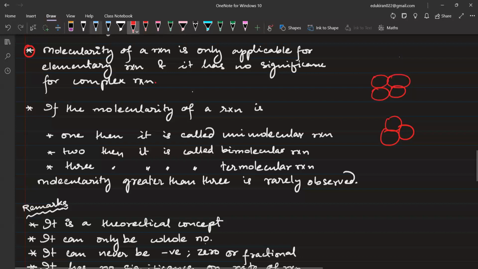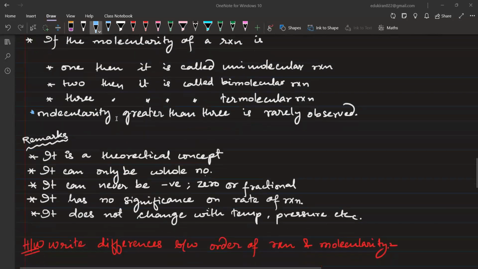A case may be that three molecules are colliding in one plane and one comes from above or below, then a collision can happen, otherwise it is not possible. That is why remember this point too. This point is there in the NCERT, so it can be asked in MCQs also, like molecularity greater than dash is rarely observed, so greater than 3 is rarely observed.